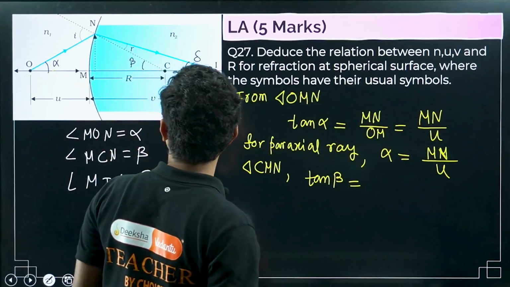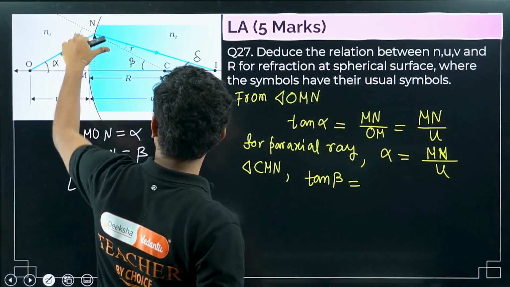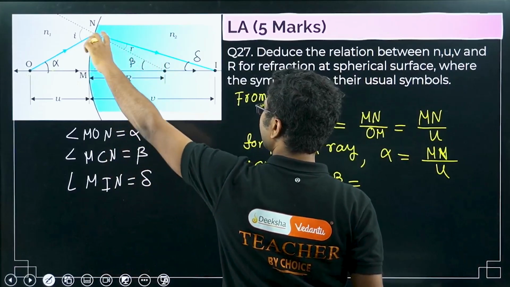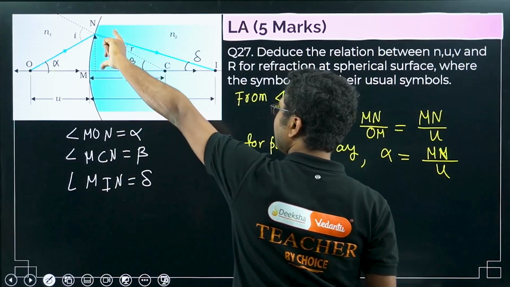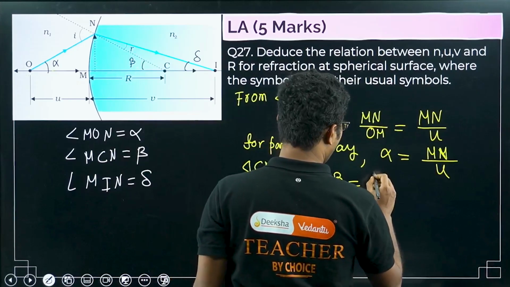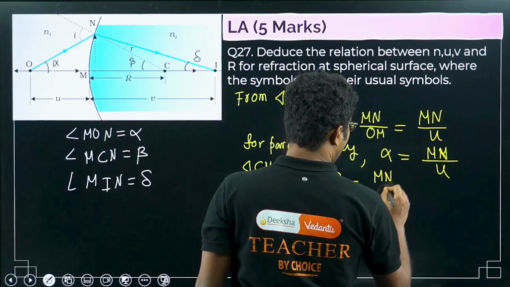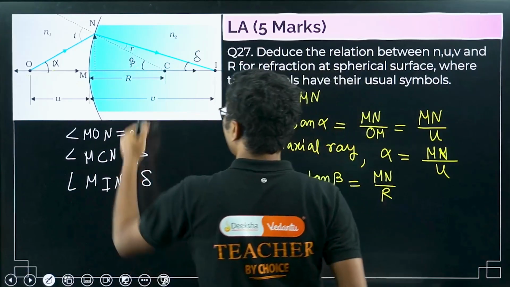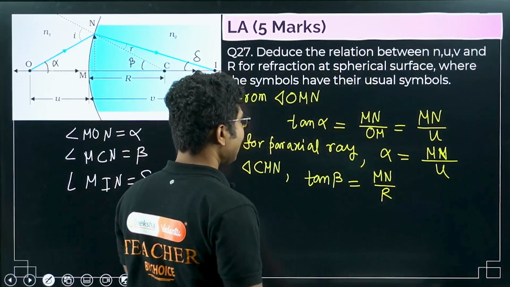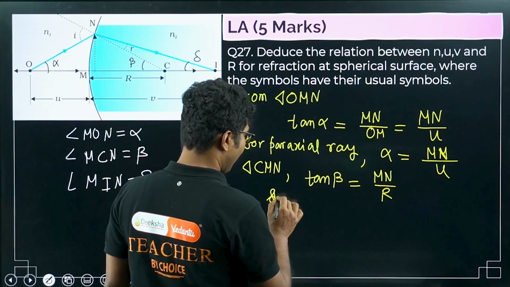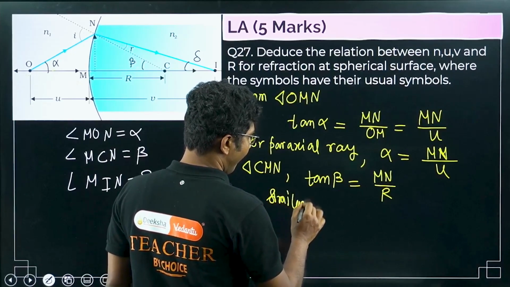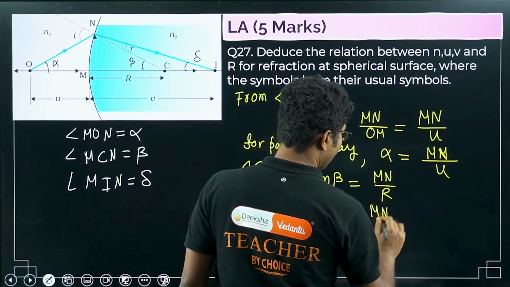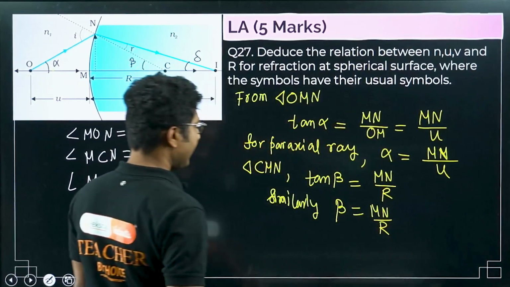Tan beta is basically perpendicular by base. This is the angle beta, so opposite to that is the perpendicular, this is the base. The perpendicular is MN again, and the base is CM, which is the radius of curvature, so instead of writing CM, I will write directly R. Similarly, beta can be written as MN by R, right?